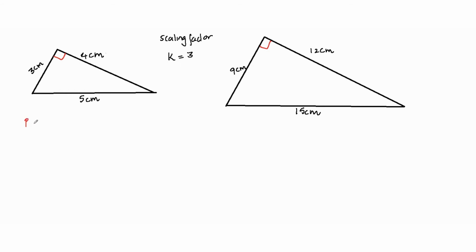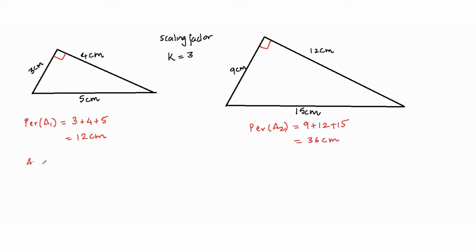So I can find the perimeter of triangle 1. The perimeter of triangle 1 is 3 plus 4 plus 5, which is 12 centimeters. And the perimeter of triangle 2 is going to be 9 plus 12 plus 15, that's going to be 36 centimeters.